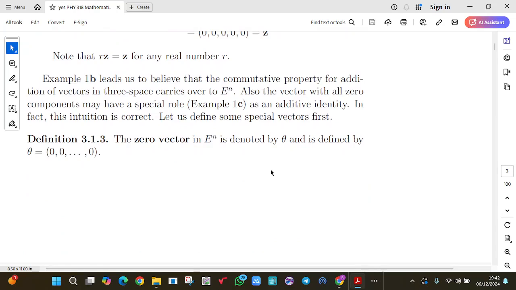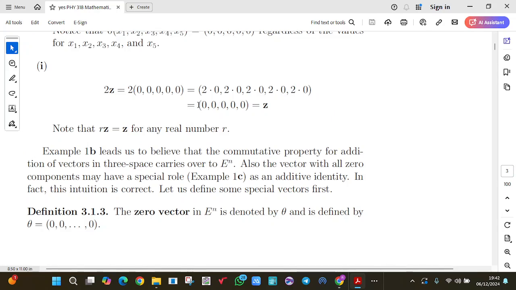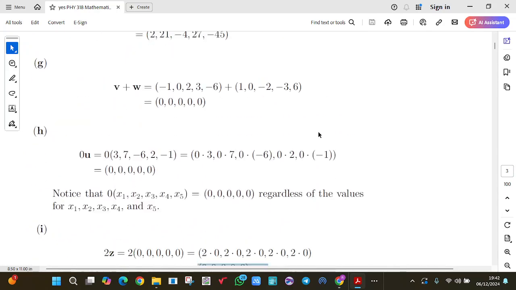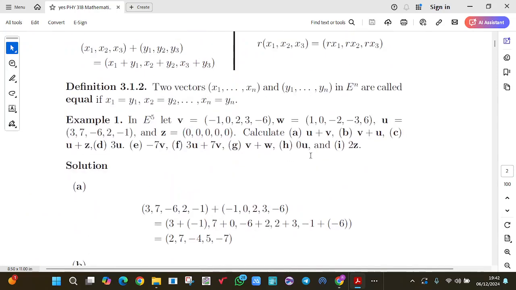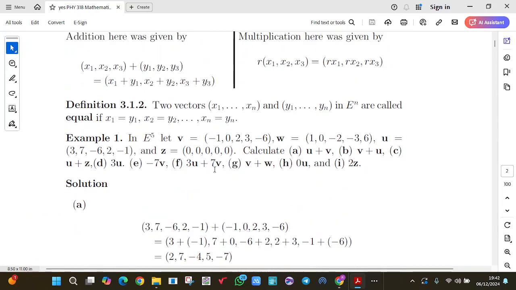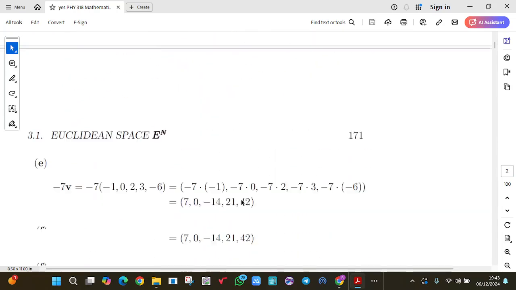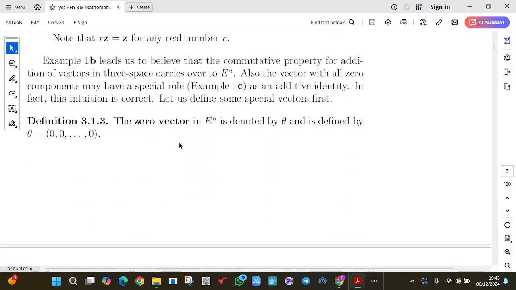I want to take you somewhere now. Look, the zero vector, which we have just seen, this is called the zero vector. What is the zero vector here? Who can point? This is the zero vector, right? You've seen it? Correct. That's the very zero vector. Now, in this course, we always define the zero vector in n Euclidean space to be theta.